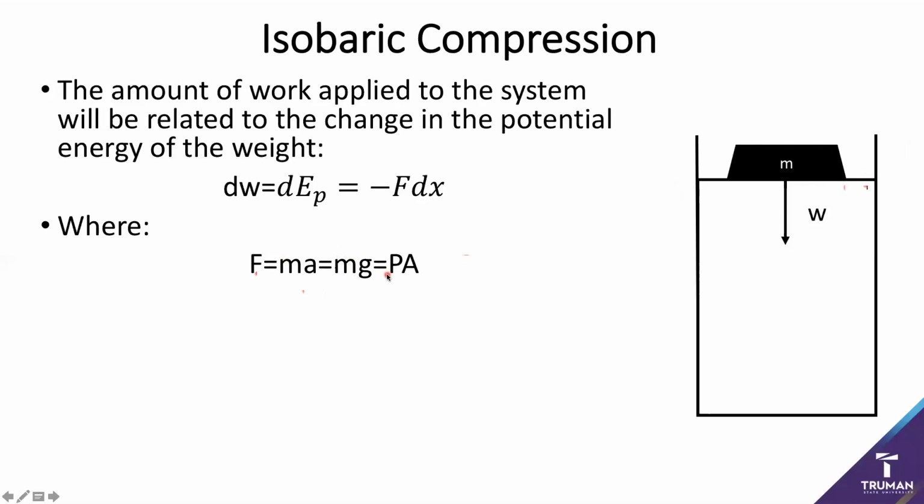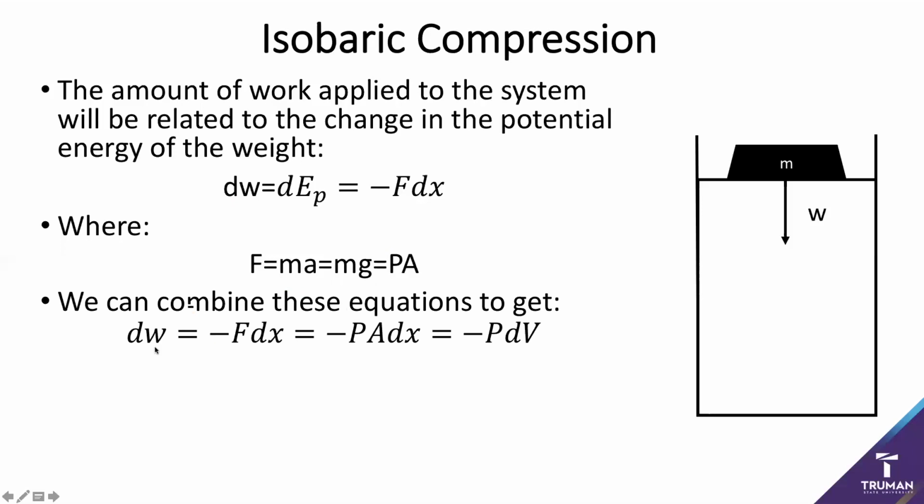So once we have this equation for a force in terms of pressure and area, we can insert this back into our momentary work equation, which gives us the amount of work being done at a given time being related to the pressure that the weight is applying times the area of the top of our container, or the amount of area that pressure is being applied over.